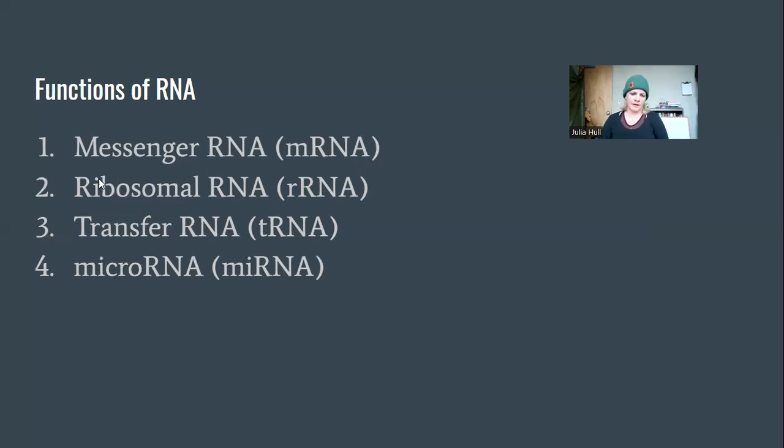And then we also have ribosomal RNA, which we'll talk about. It's important for protein synthesis. Transfer RNA are little short pieces of RNA that go and fetch the amino acids during protein synthesis, and microRNA is kind of the supervisor of all that stuff of protein synthesis.